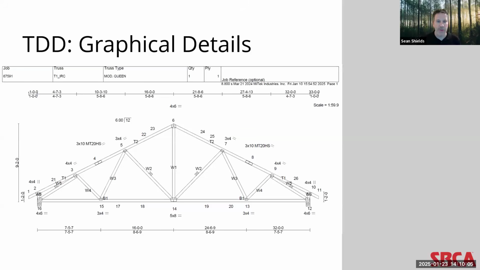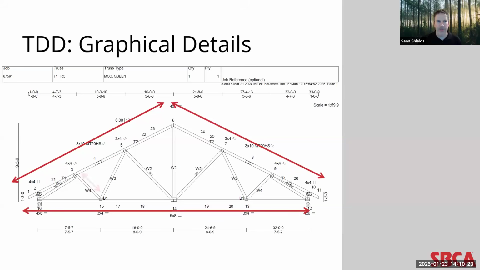We'll also call out all the locations of the truss joints. And you will also see the size of the plates at each one of those joints, along with the orientation of each plate. You'll also see the location of the top chords, of course, the bottom chords, and of course, the webs within the chords.